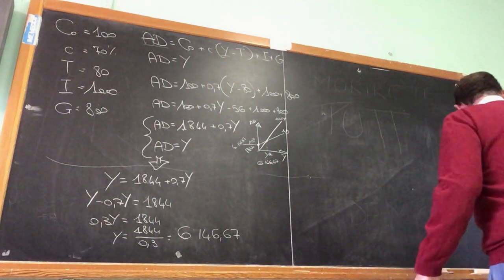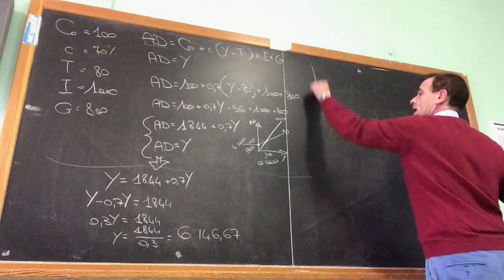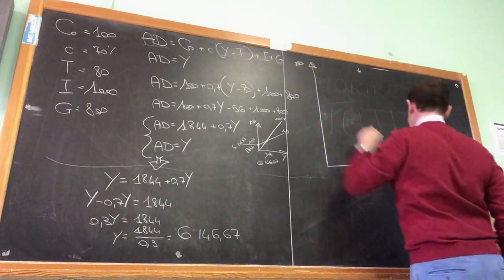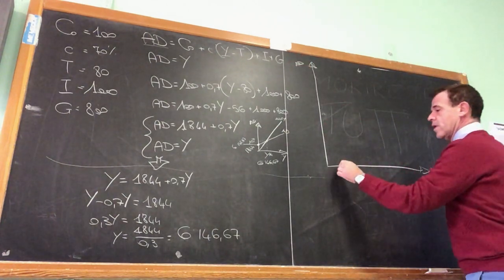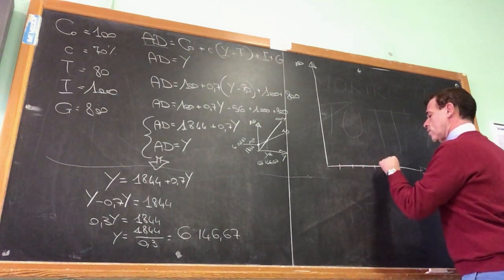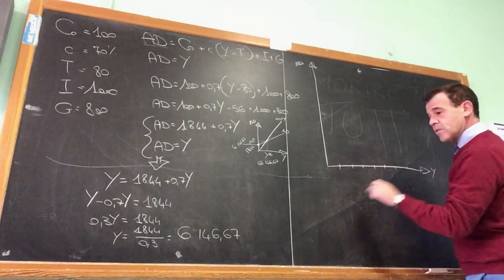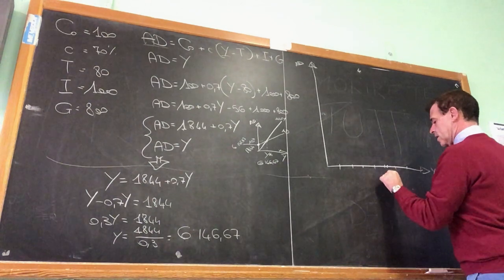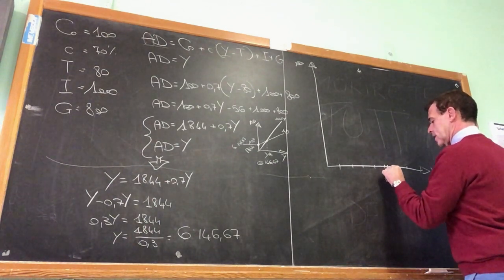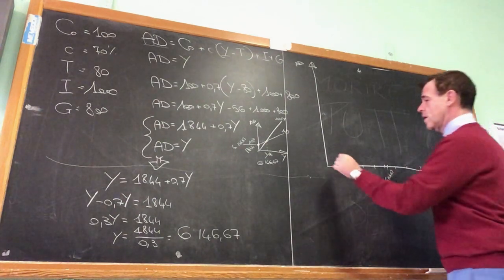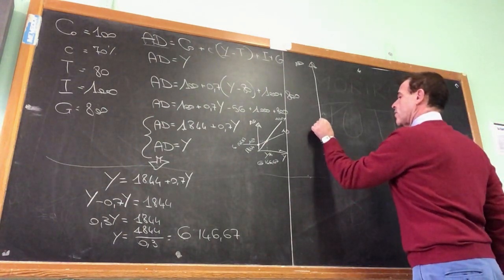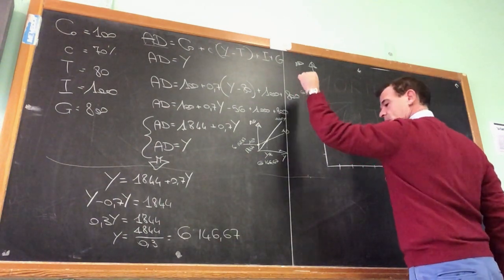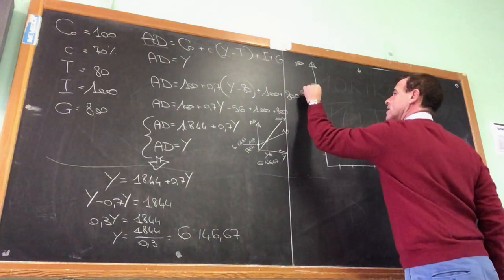So when you need to draw it, of course, as always, you need to calibrate in a good way your Cartesian plan. We do 1, 2, 3, 4, 5, 6, 7, and 6,000. 146.67 is going to be here. 1, 2, 3, 4, 5, 6, 7, and 6,146.67 is here.